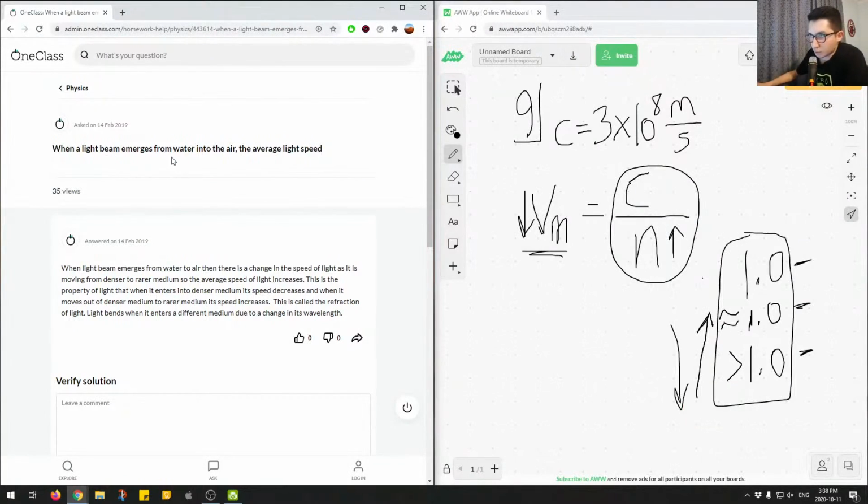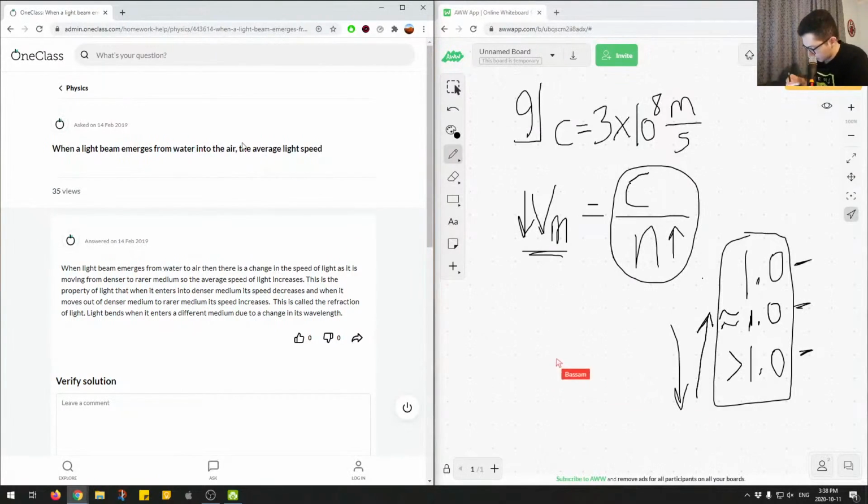So looking at this, we're going from water to air, from a dense medium to a less dense medium. Water will be slower, and when we go into air, the speed of light will be faster.